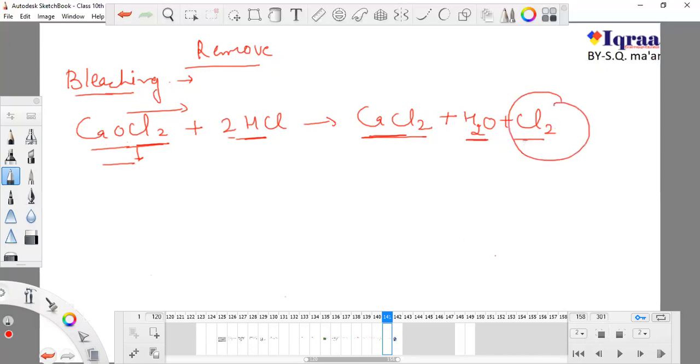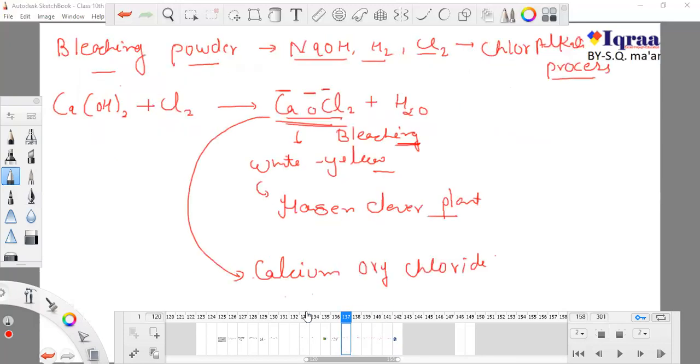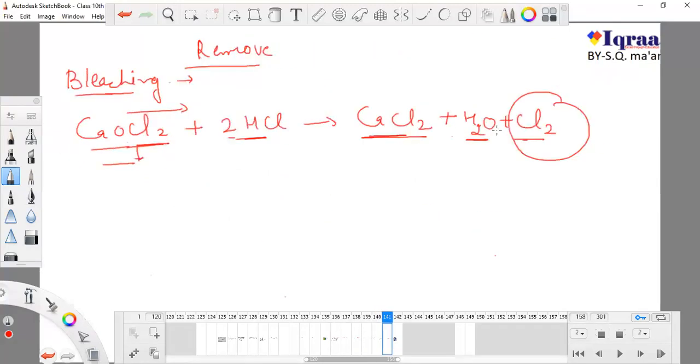Now remember one thing: we formed this bleaching powder, CaOCl2, by using chlorine, and in this process of bleaching, this chlorine is released again.